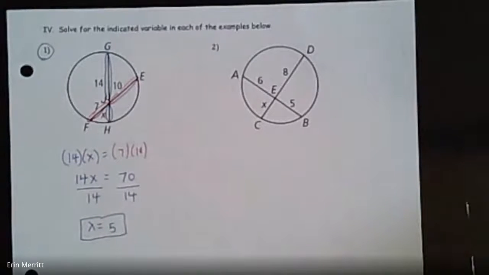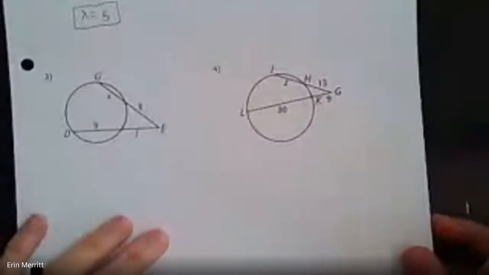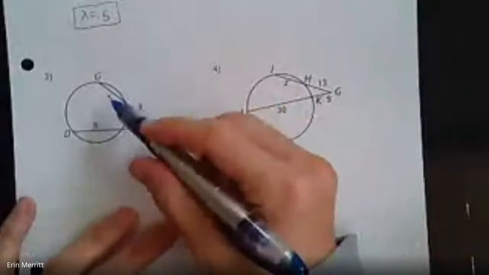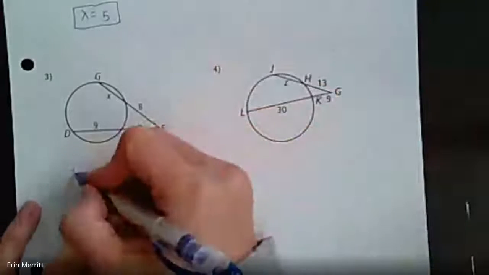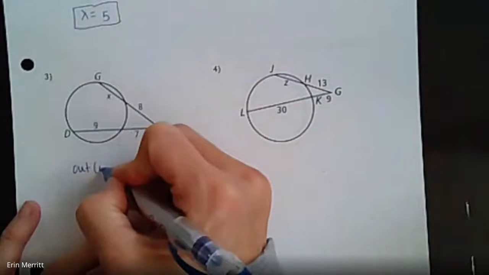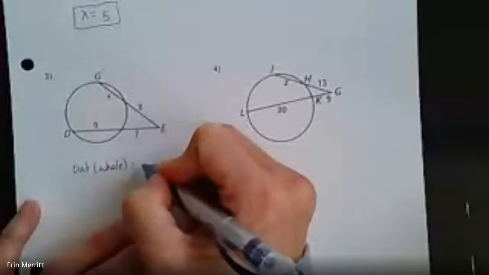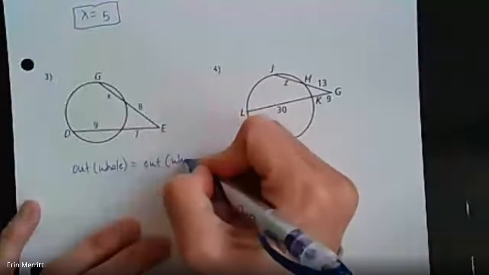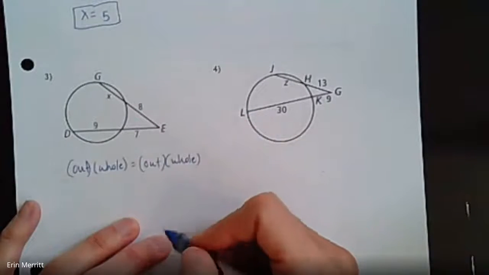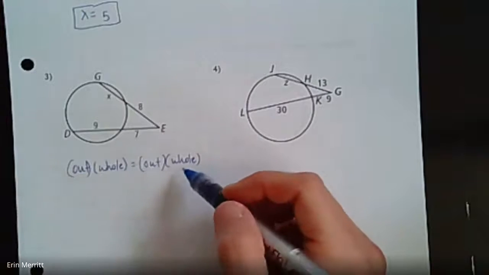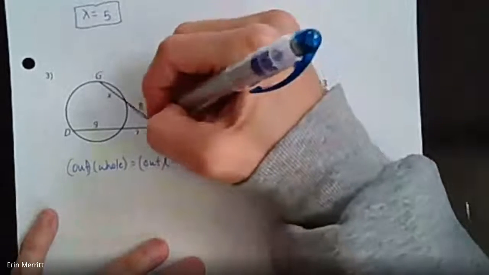Number 3, you've got a secant and actually 2 secants. So this one is the outside times the whole piece equals the outside times the whole piece. Just like that. All right, do 1 secant for one part, use the other secant for the other part. So outside literally means it's outside of the circle.